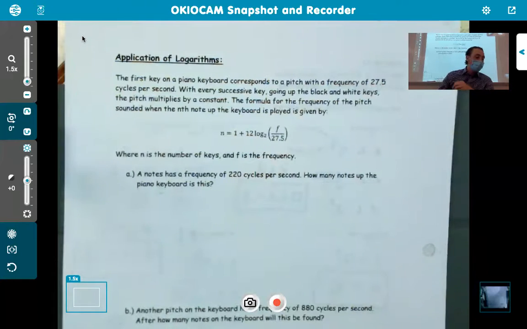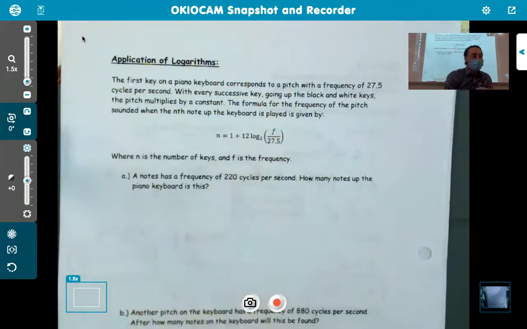It says the first key on a piano keyboard corresponds to a pitch with a frequency of 27.5 cycles per second. So we're talking about the frequency of sound as it relates to a piano. With every key after that going up and down this piano, the pitch multiplies by some constant. The formula to represent that is as follows. It's pretty involved, right?